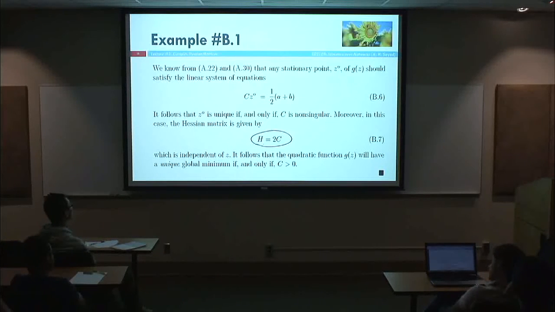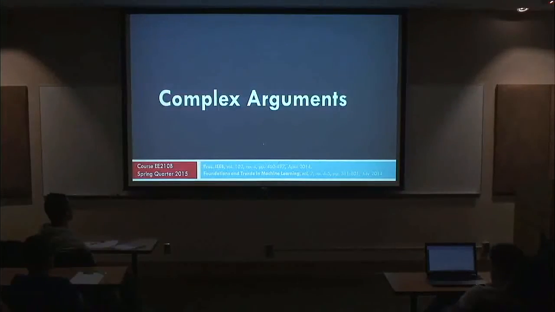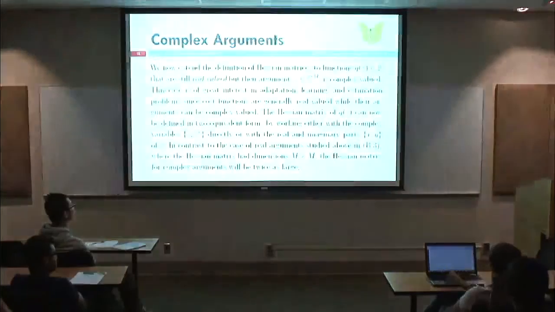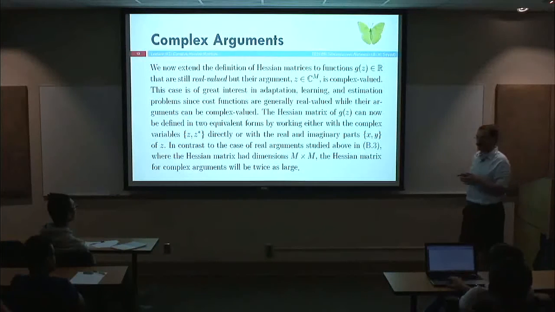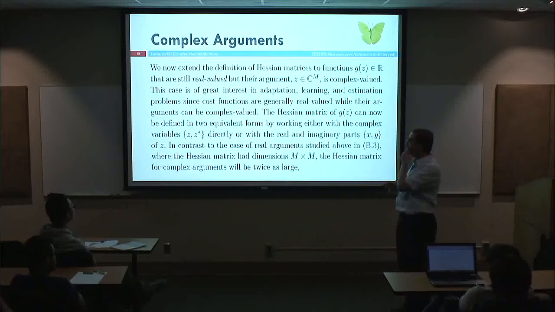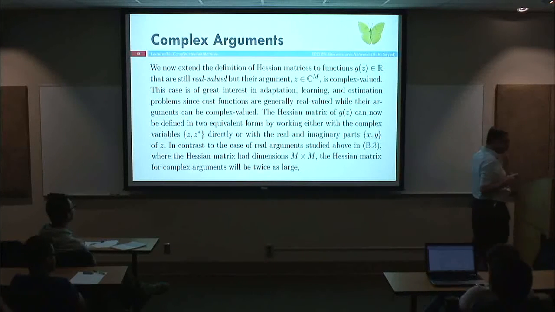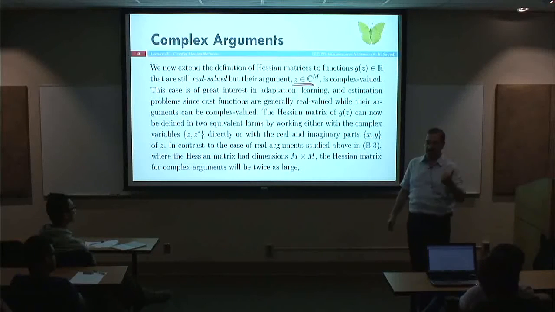Here it is. So now let's go a step further, okay? The complex case. So let's assume now that Z is complex. What will be different now is the Hessian. What was the size of the Hessian matrix in the real case?